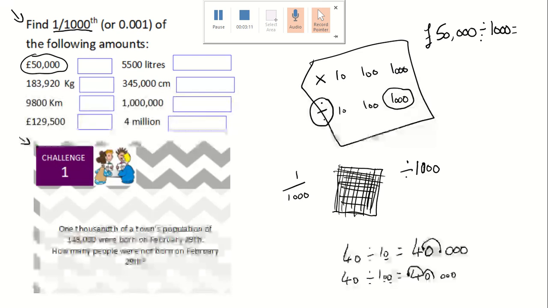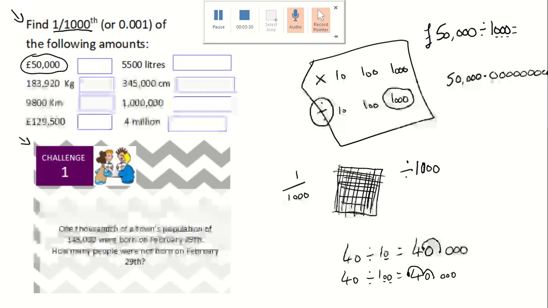If we divide this by 1,000, we will find what 1,000th of this is. So remember, 50,000 has a decimal point and infinite zeros. Divide by 1,000, we've got 3 zeros. 1, 2, 3. So, 1,000th of 50,000 is £50.